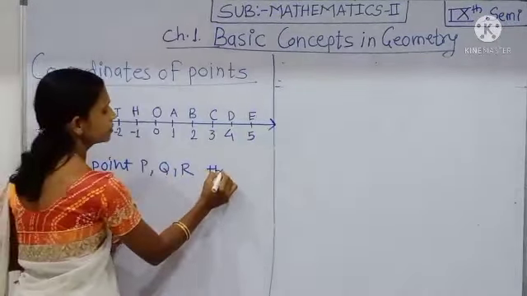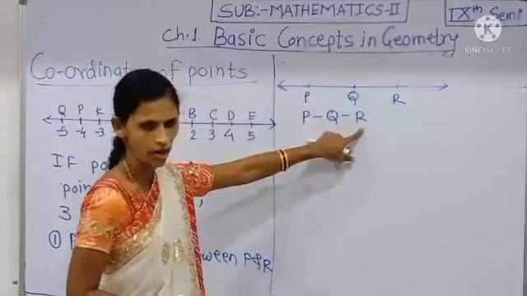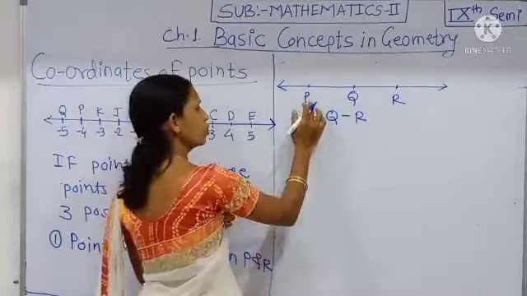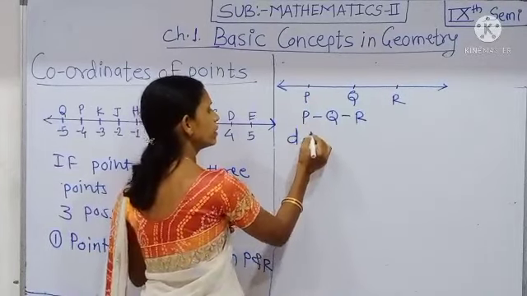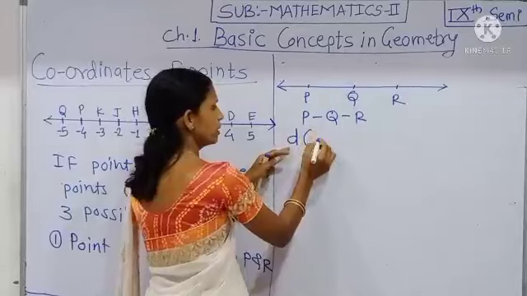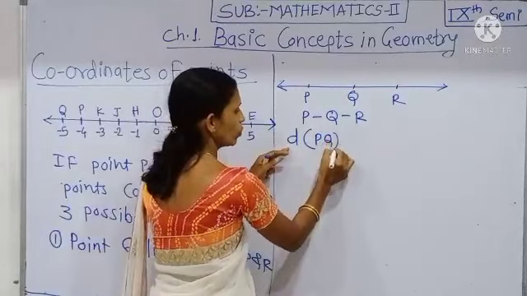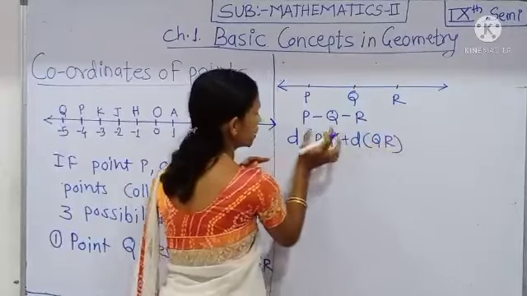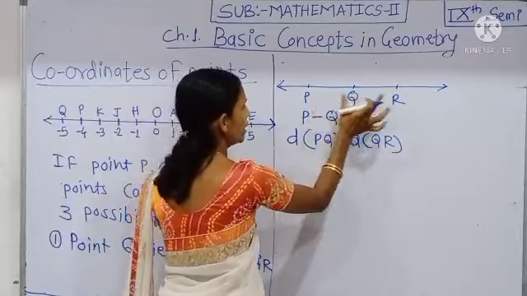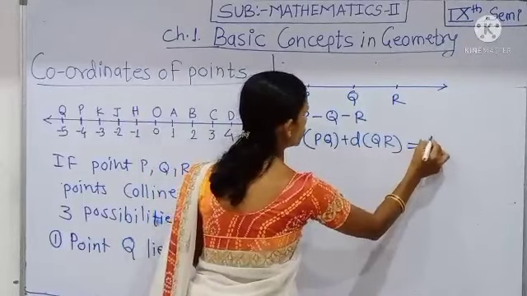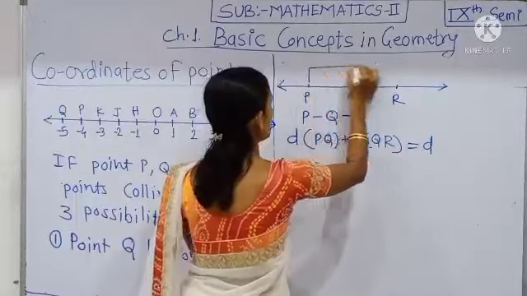That means point Q lies between P and R. Therefore we can also write about the distance between those points, that is distance PQ plus distance QR, the addition of these two is equal to the distance PR.